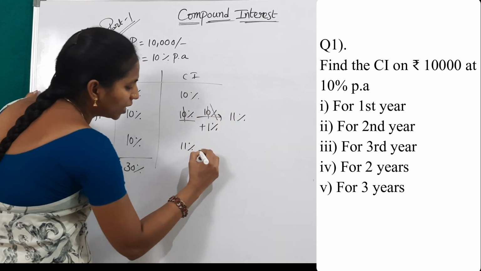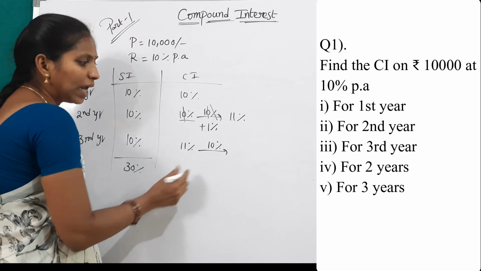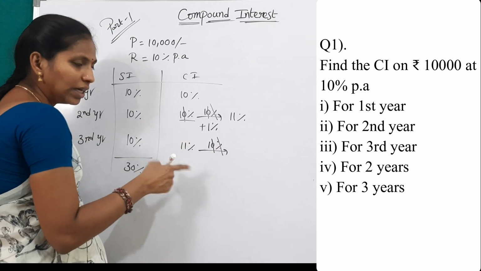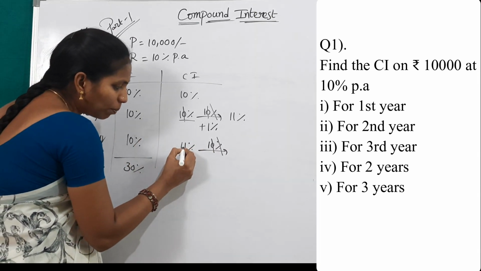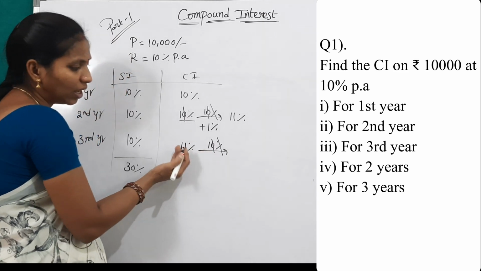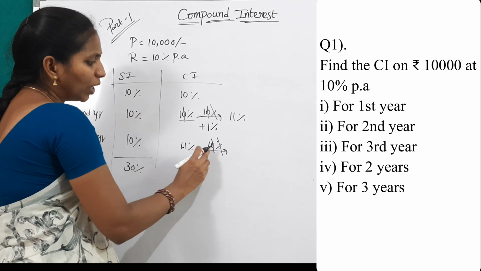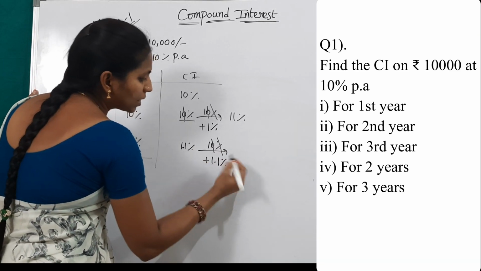For the third year, on this 11%, calculate 10%. So 11% and 10%. Now see, there is no other 0, so place the decimal point before one digit for this number. Now see, 1.1 into 1% means 1.1 percentage.